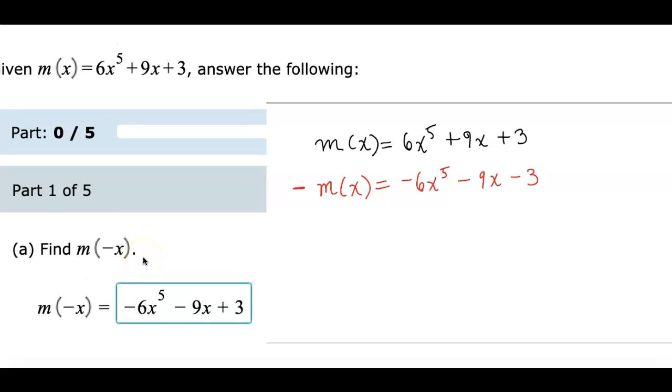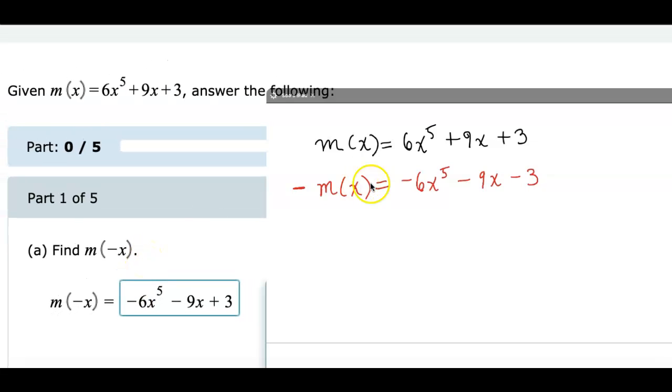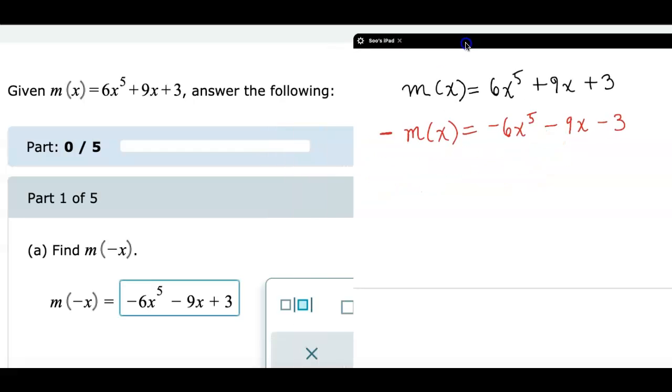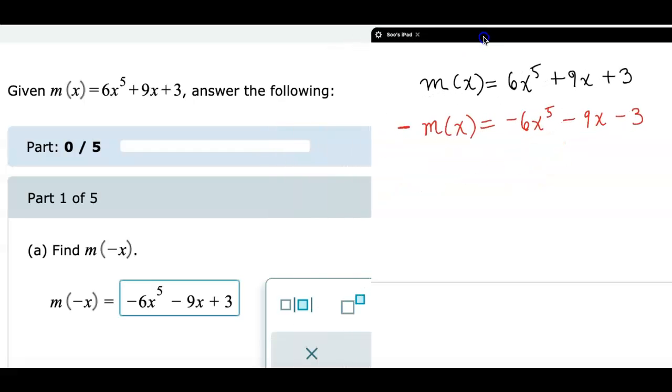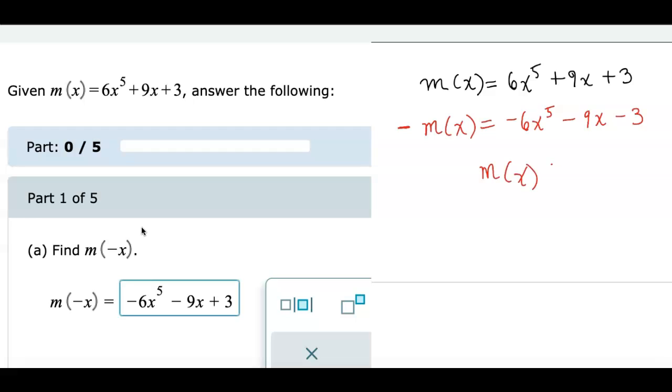So remember in class we said to check and see if a function is even or odd, I told you to plug in negative x and check, and compare it to the original, right? It changed. So this is not an even function. What we can say is that m of x, the original function, is not the same as m of negative x.